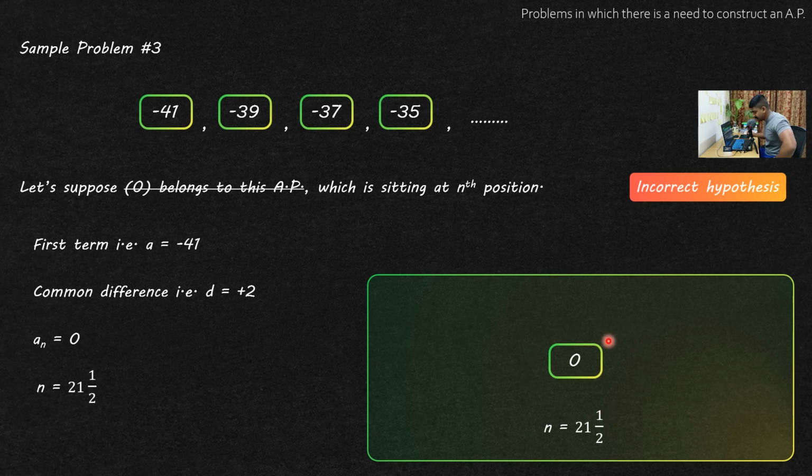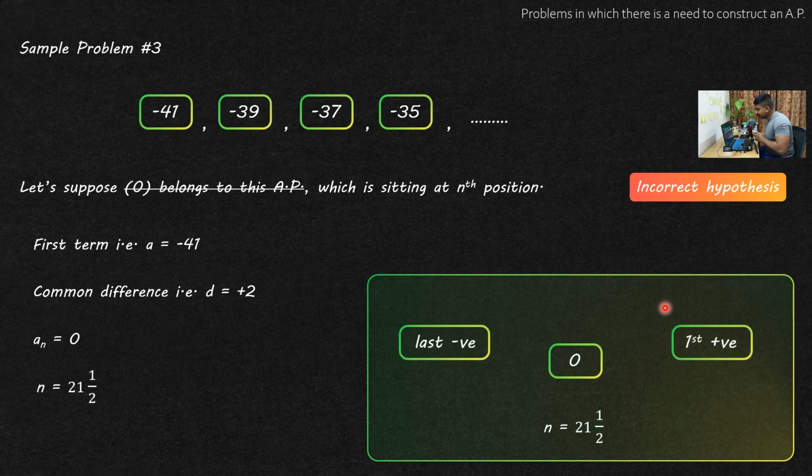Since 0 does not belong to this AP, we can certainly say that there is a pair of two consecutive terms which, when plotted on number line, has 0 between them. So on the right hand side of 0, we'll get the first positive term, and on the left hand side, we'll get the last negative term.